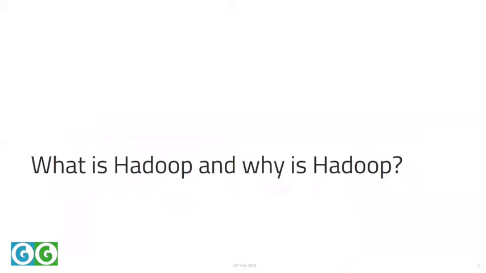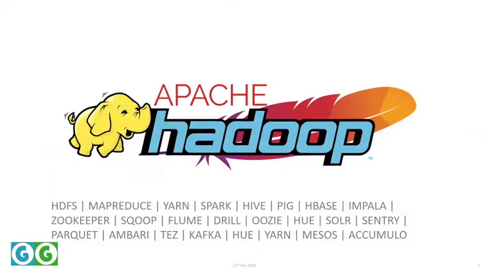First of all, what is Hadoop and why is Hadoop? You might have come across the logo or the name before. Hadoop is essentially an ecosystem, right? It's a collection of services, a collection of technologies. Some of these I marked here on the slide, and some of them you'll see in action today.